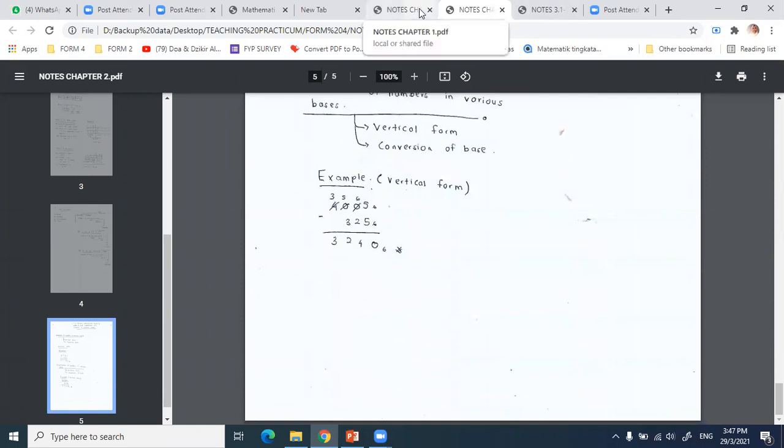Okay, now you can do your exercise. Page 25, the objective part. Because I'm afraid that we don't have enough time, just do number 1, 2, 8, 13, 14, 15.